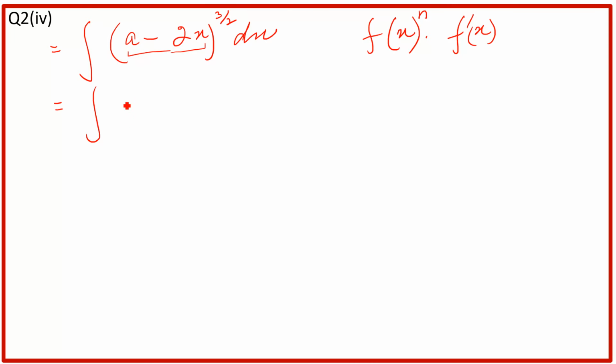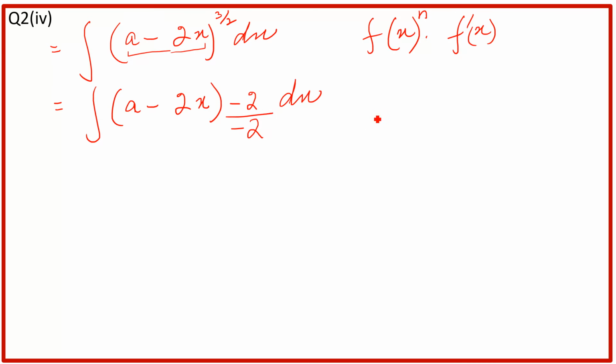So what we have to do is multiply a minus 2x with minus 2, and then we have to divide as well. Only this part we have to add in this question because f dash x, the derivative of this, is missing here. So the derivative is minus 2. This is the constant term, and for the constant the derivative is 0.